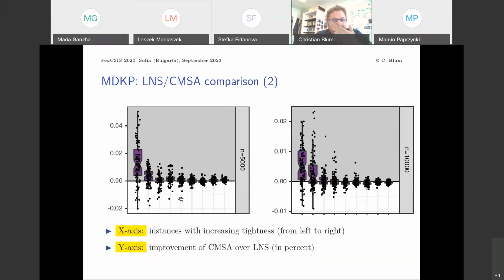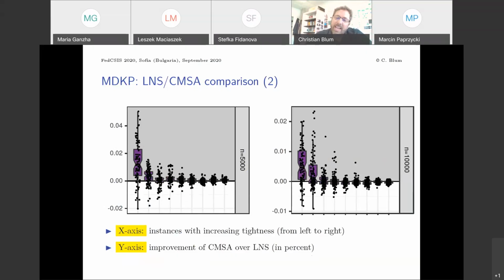Now, if we go to larger problem instances, with 5,000 items and with 10,000 items, we start to see something curious. We see that CMSA suddenly improves over LNS for instances where solutions are rather small. Our hypothesis is that this is because CMSA allows bigger jumps in the search space.